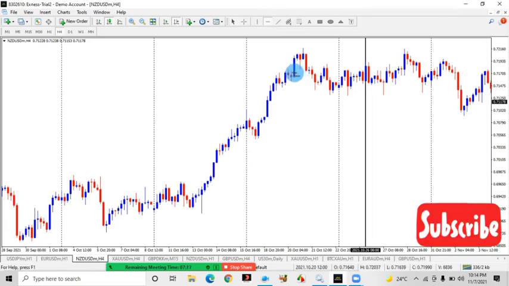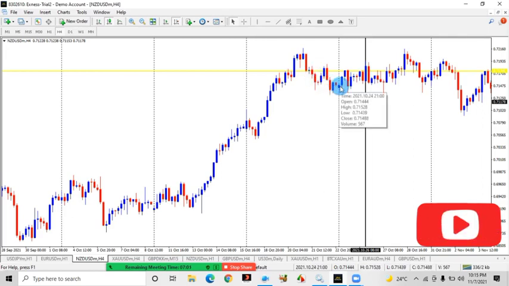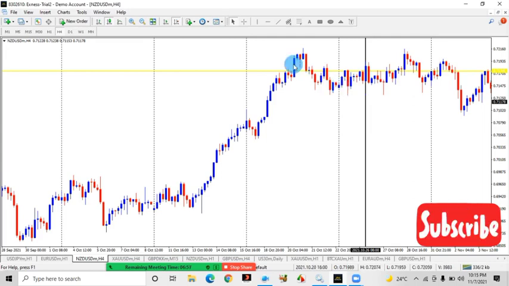If I put a horizontal line there now, you can see they mitigated it first. They need to close the order they have here before they can think of another thing. So that's basically what we have as an order block. That's what we call the imbalance.